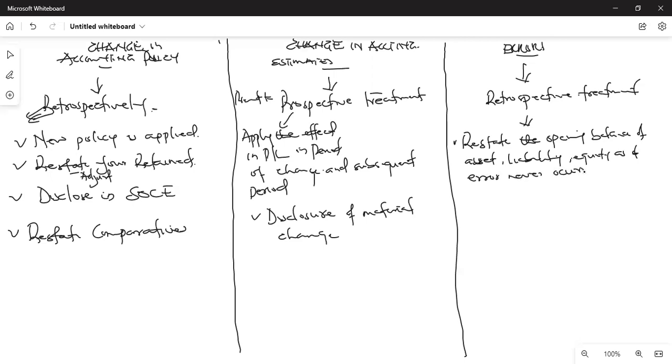So that the opening balance of that particular asset in the current year we are in is okay, as if the error never occurred. If the corresponding entry affects the profit and loss of last year, it will make us adjust retained earnings.